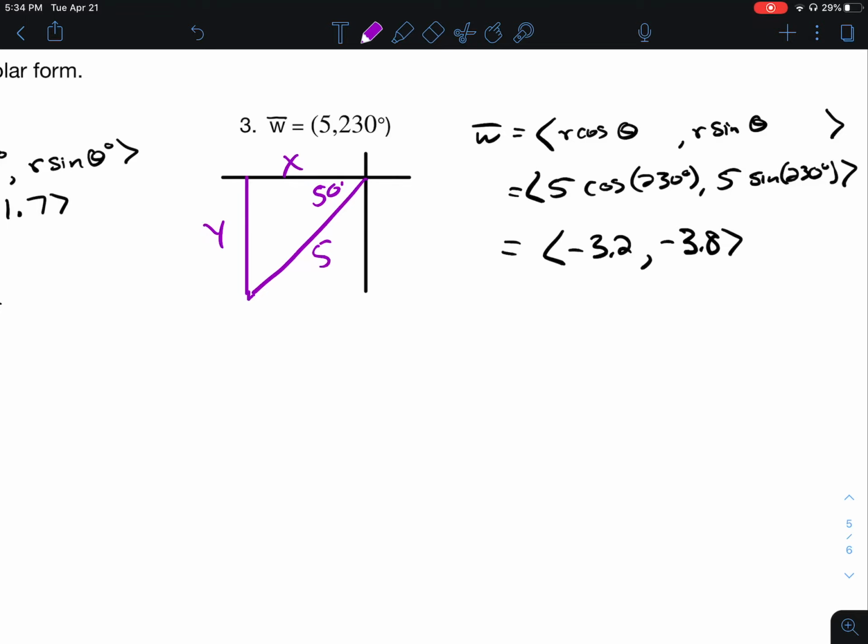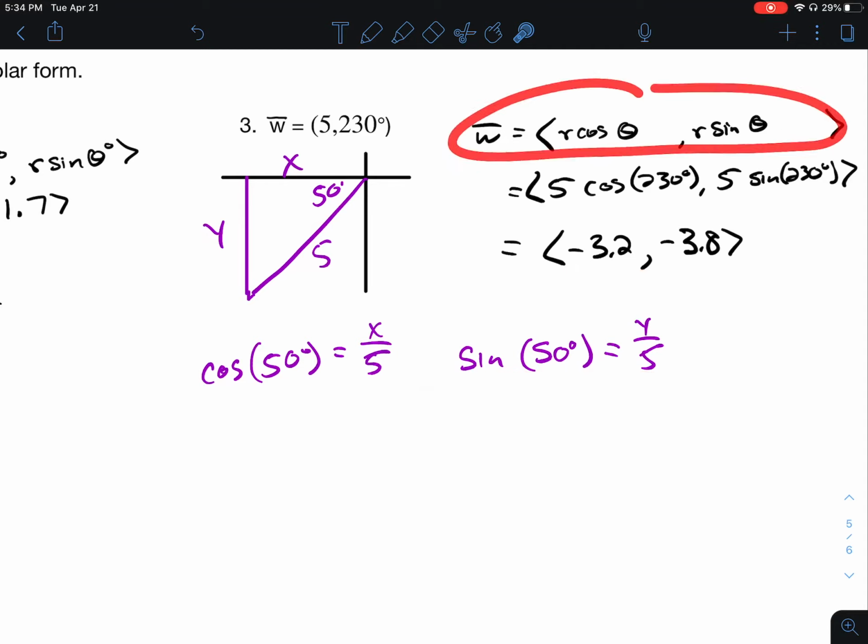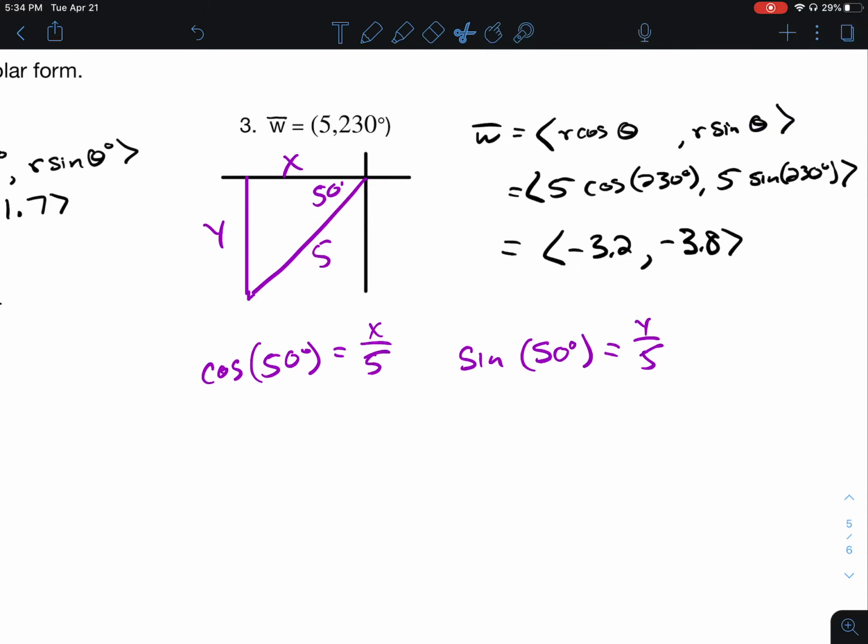Now, when you figure this out using the 50 degrees, if you do cosine of 50 degrees is x over 5, it's going to give you a positive answer because this is saying it's in quadrant 1. So you have to know when you're finished to change the sign. And if you do the same thing for sine of 50 degrees, it's also going to give you a positive answer. And you have to know that when you're in quadrant 3, it has to be negative. So if you needed to do more work, go for it. If you just want to use this, that's fine too. It's probably what I'm going to be doing.